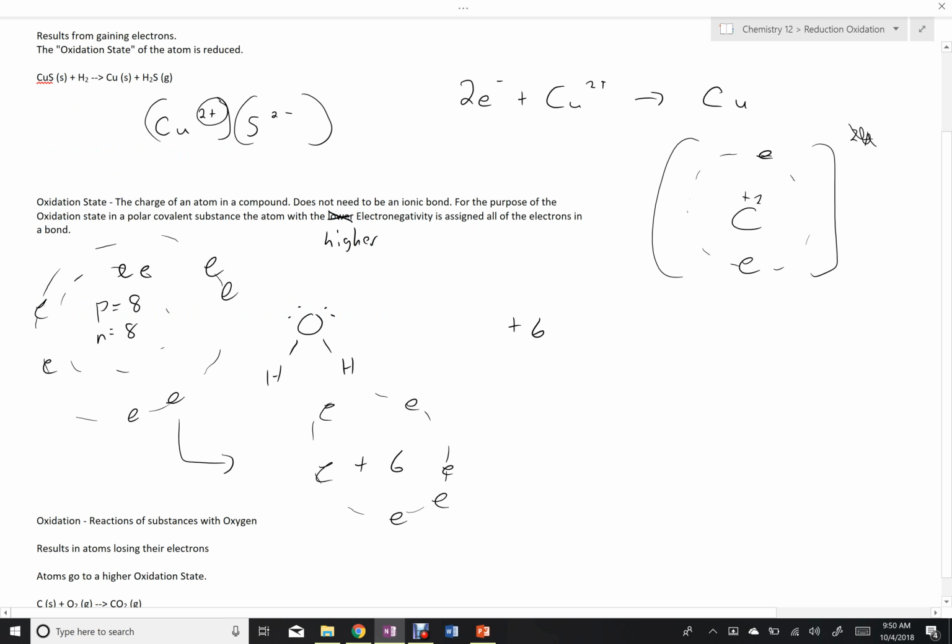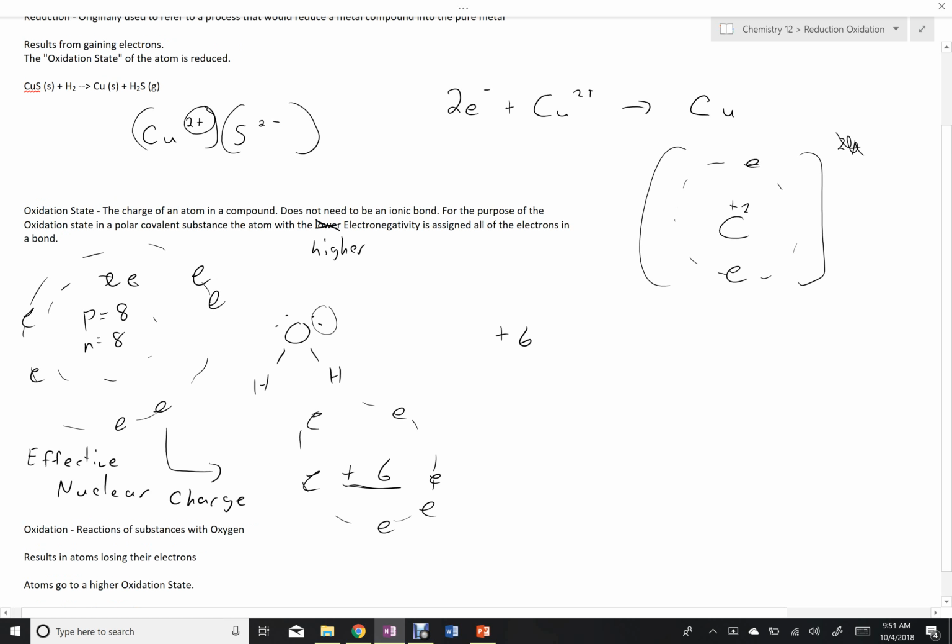If you're not familiar with the idea of effective nuclear charge, I'm going to recommend that you go back at this point and look at videos that I made a lot earlier, searching effective nuclear charge, to make sure you understand that. Anyways, the oxygen has +6 from the unshielded protons in the nucleus, and it has 2 electrons here and 2 electrons here. It's not sharing any of those, so it gets all of those for sure.